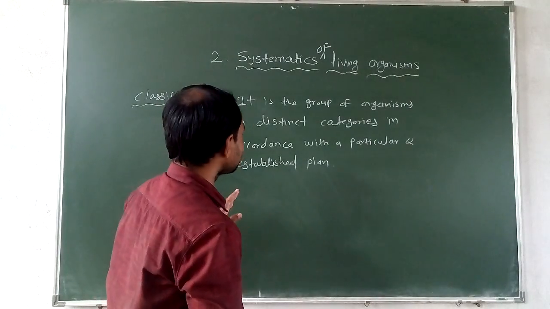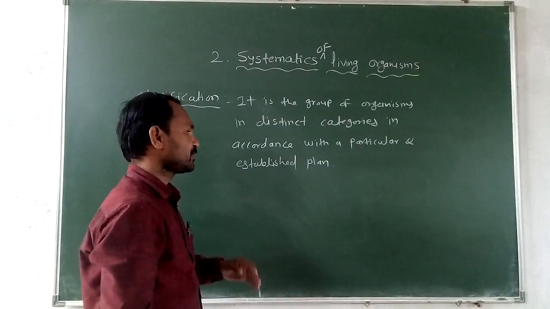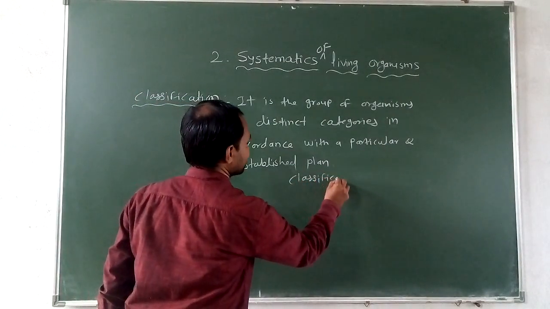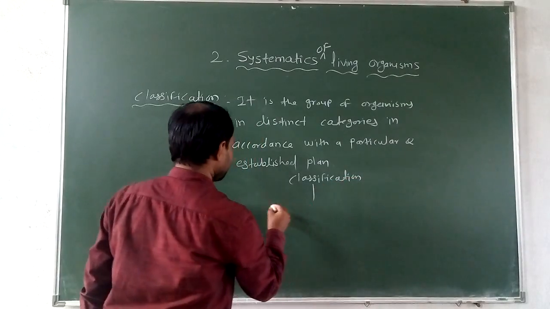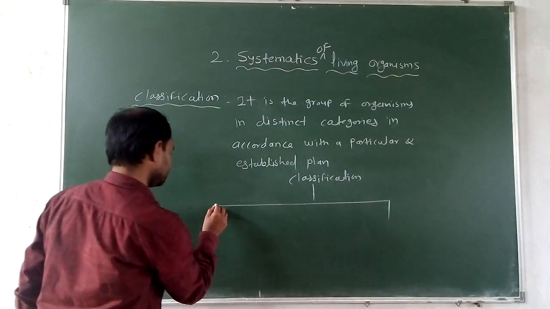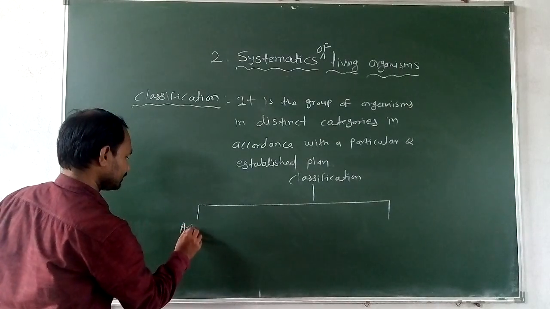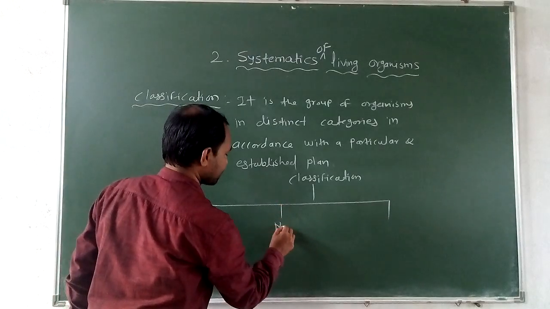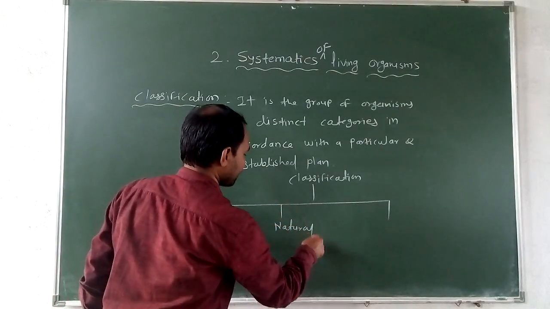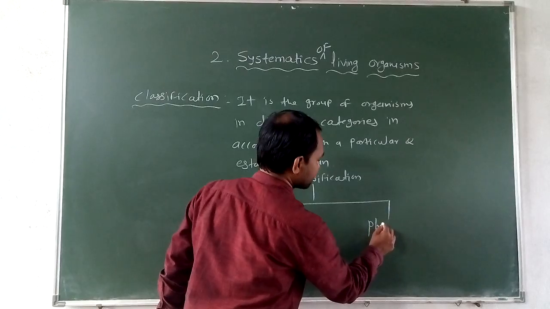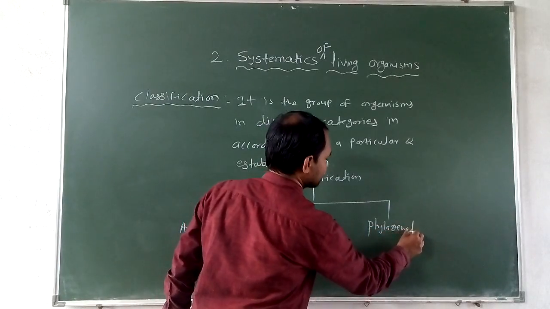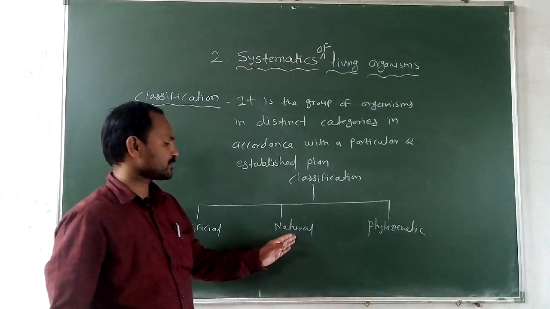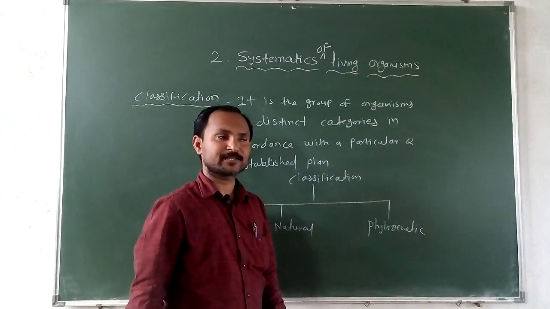Now there are 3 types of classification basically. First artificial, second natural classification, and third phylogenetic classification.